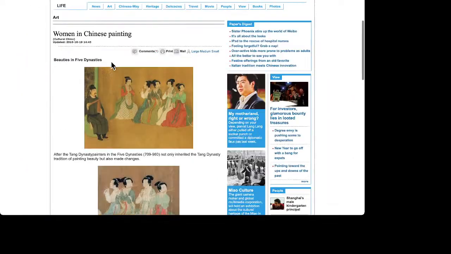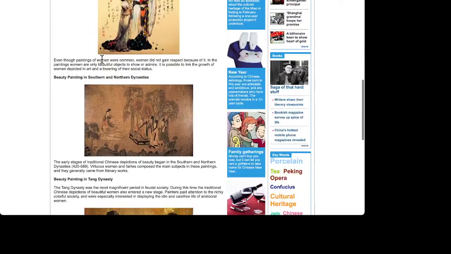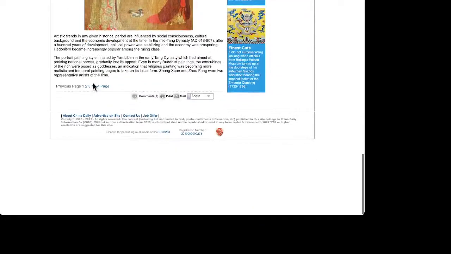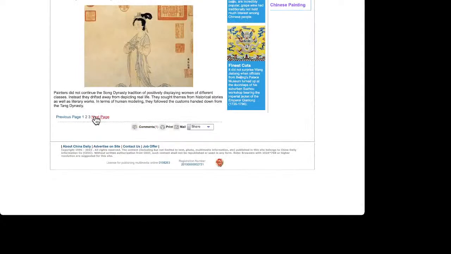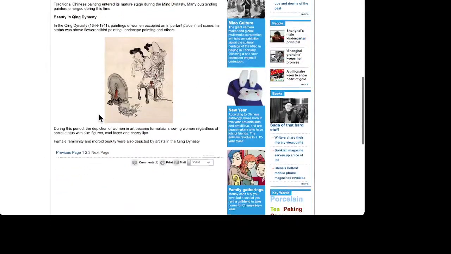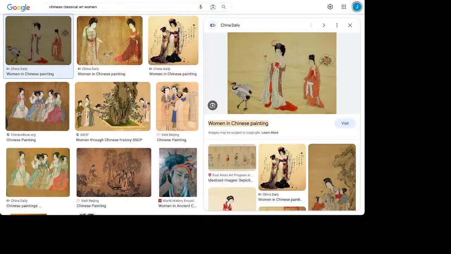Wow, these pictures are extremely low resolution, but I think you can kind of tell, like, all these women's mouths are super tiny and round. And that was like the classical standard of beauty in Chinese art.